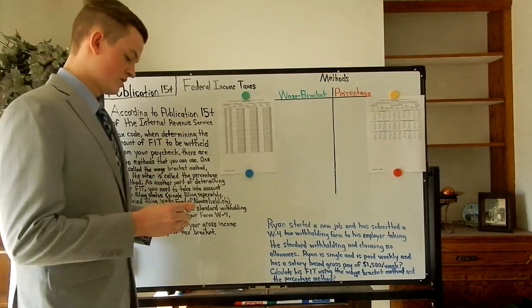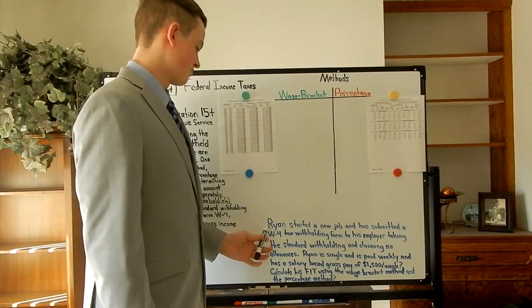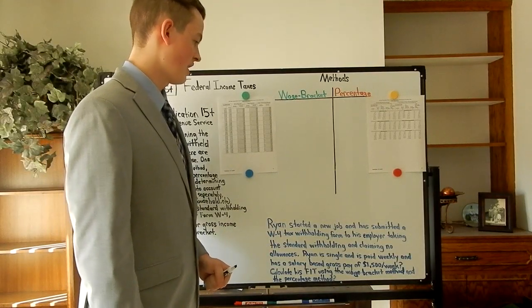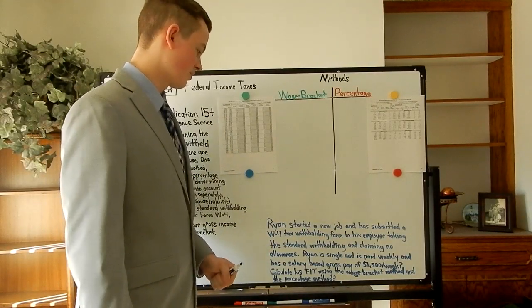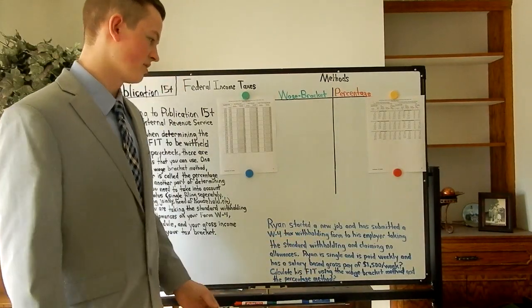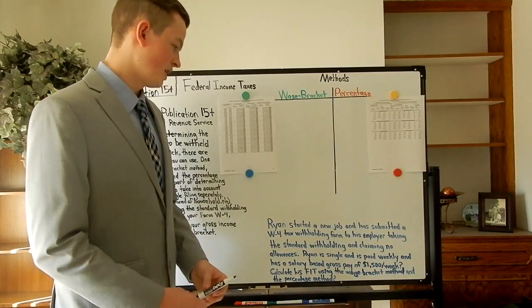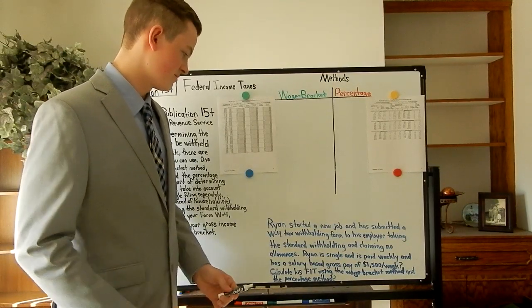So that being said, our problem here is: Ryan started a new job and has submitted a W-4 tax withholding form to his employer, taking the standard withholding and claiming no allowances.